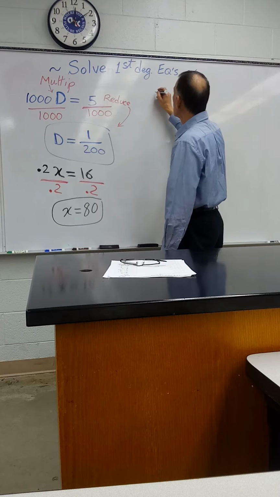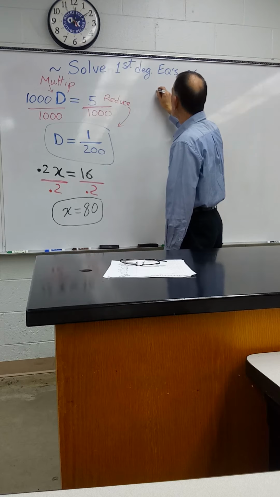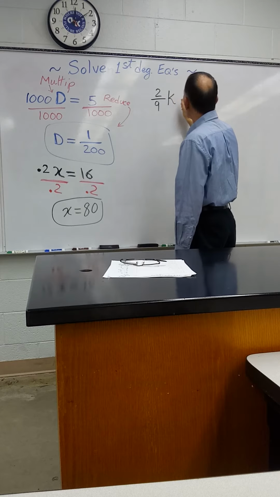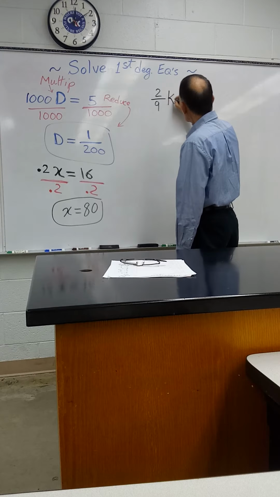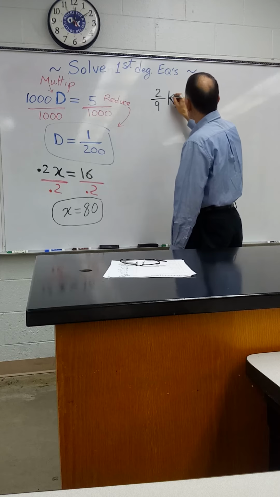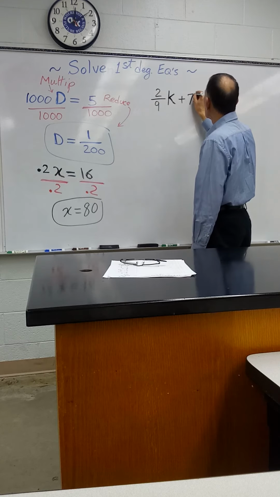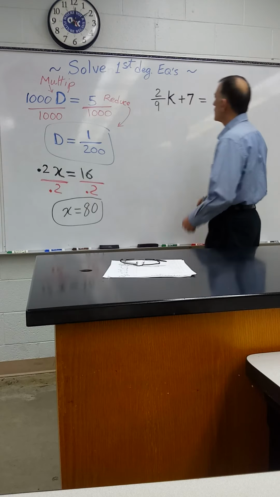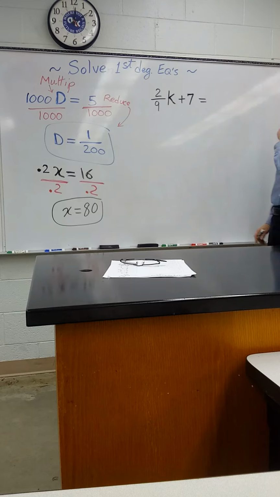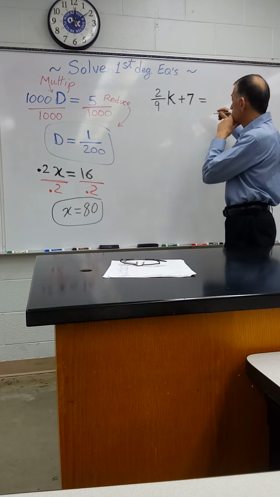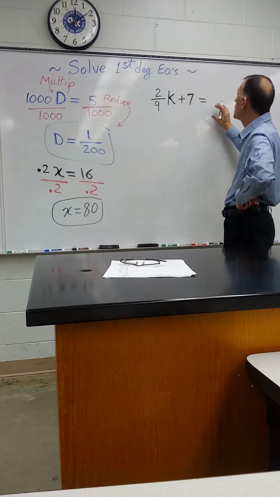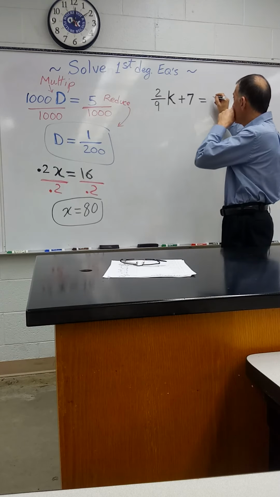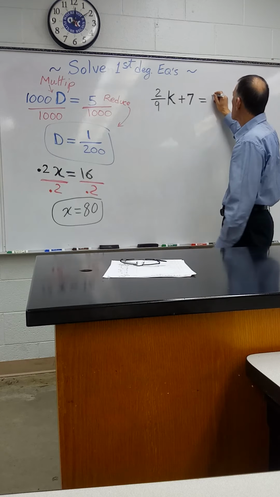For example, let's say we have 2/9 of k plus 7 equal to, let's say, 10, why not?